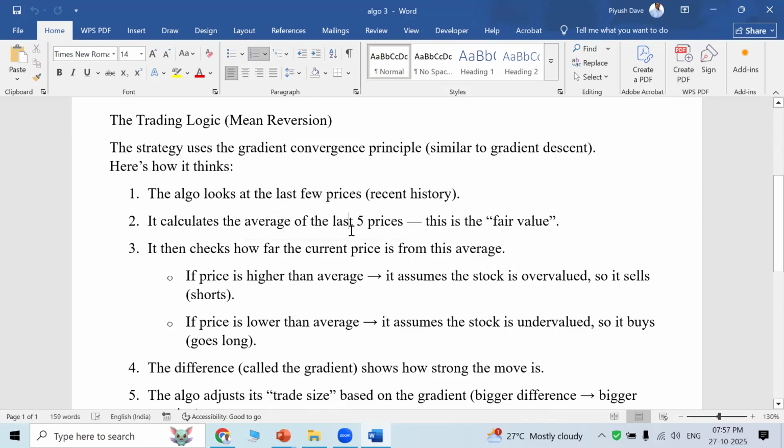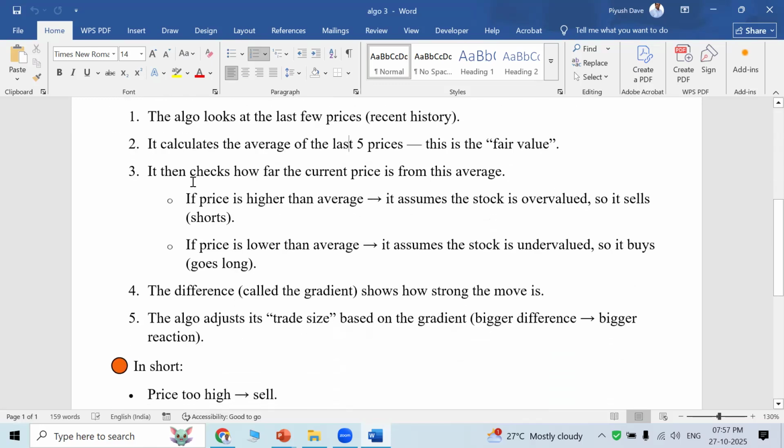This is one kind of method which we are going to use from gradient descent mathematics. If the price coming from the stock exchange is higher than the average, we will consider the stock overvalued and we will sell it.